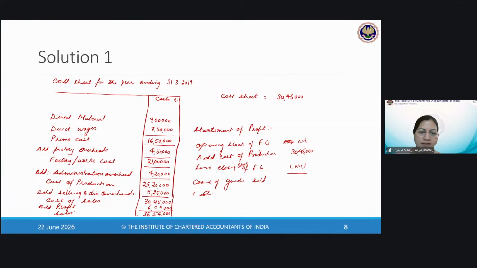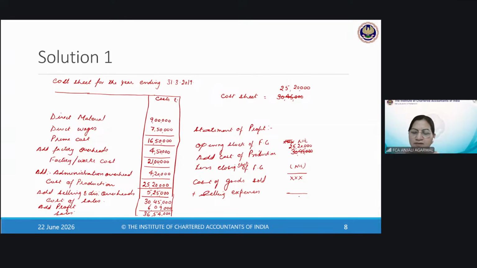To this, you will add the selling expenses. So your cost of production is this. Till this point, you will have your cost sheet, 25,20,000. And when you're preparing a statement of profit separately, opening stock of finished goods plus cost of production less closing stock of finished goods gives cost of goods sold.